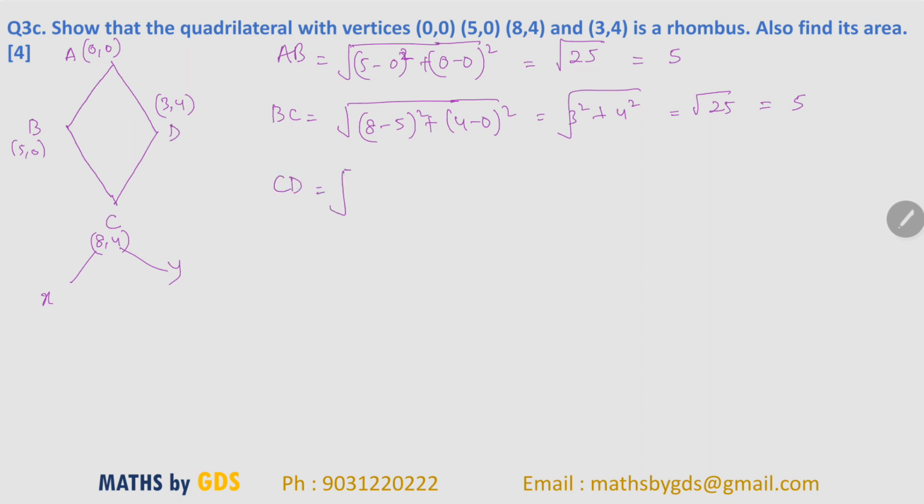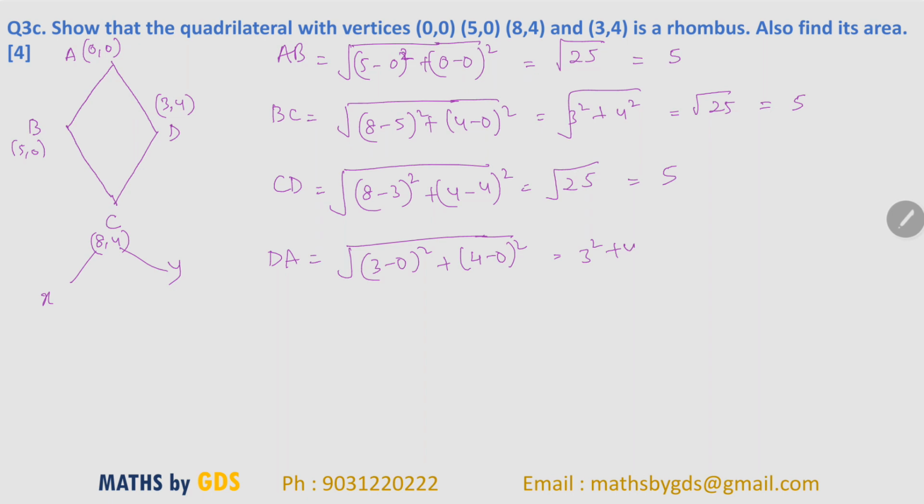CD: this distance CD is (8 minus 3) whole square plus (4 minus 4) whole square, which is under root of 25, which is again 5. And distance DA is (3 minus 0) whole squared plus (4 minus 0) whole squared, which is again 3 square plus 4 square, which is again under root of 25, which gives us 5.